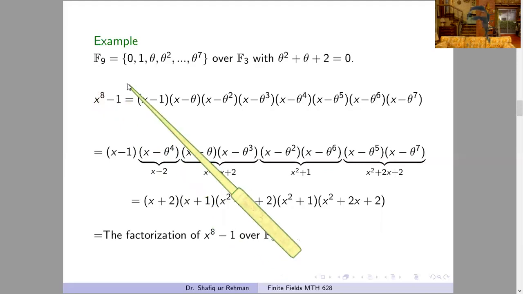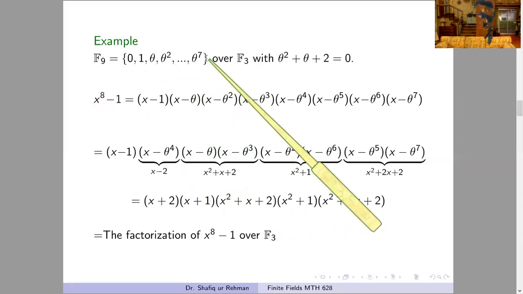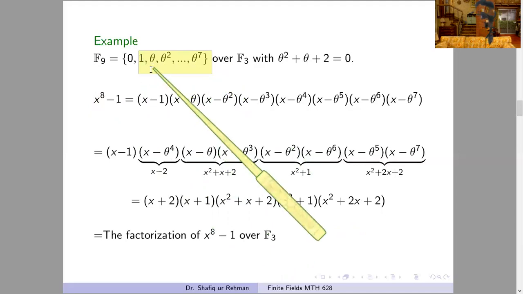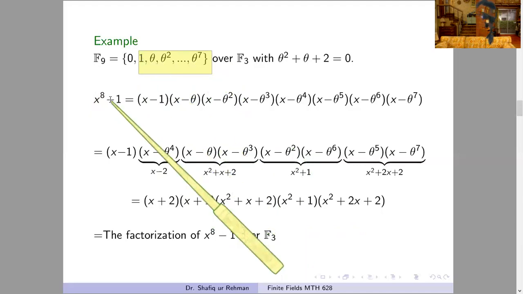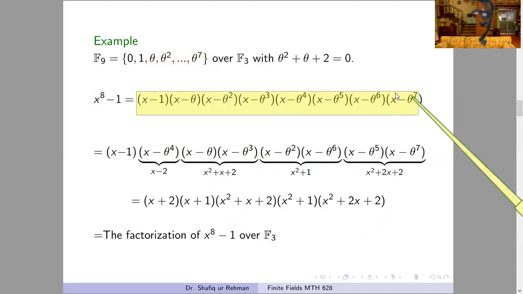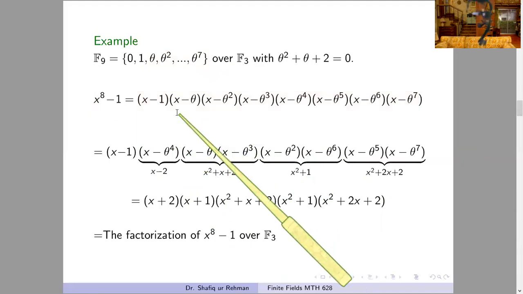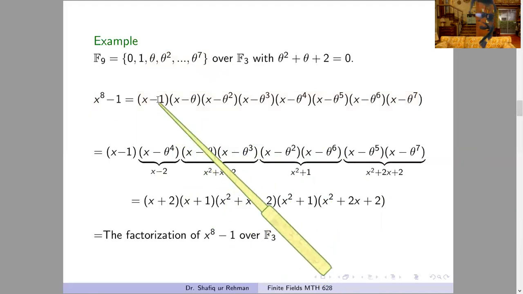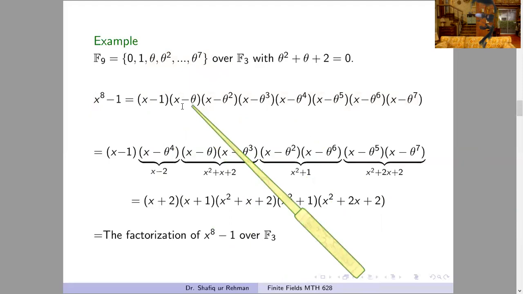We know that these non-zero elements are all the roots of this polynomial. So we first decompose this polynomial into linear factors by using these roots. Then we rearrange these linear factors on the basis of their conjugates.